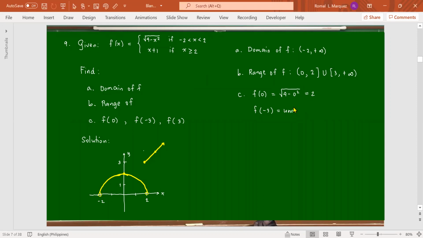Therefore it is undefined. What about f of 3? F of 3 is in this inequality, no? When x is greater than or equal to 2. So therefore we are going to use x plus 1. So x is 3 plus 1, and that is equal to 4. So that's the value.